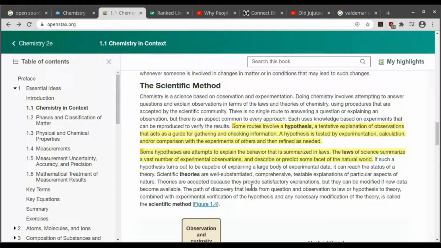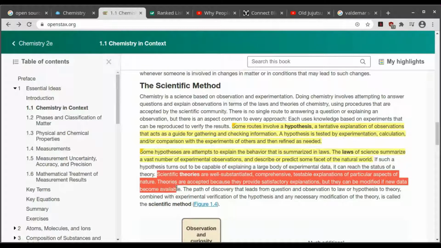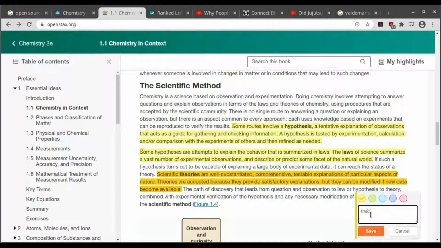So we got two different definitions here. We got theory, these two sentences. I'm going to do for theory. And then this last one, I'm going to make scientific method.